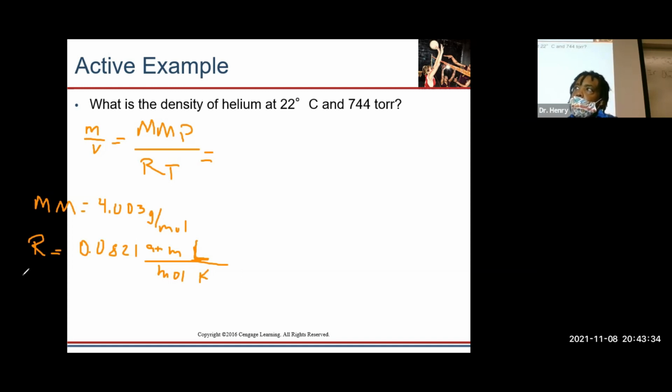And P, right now it's in torr, so we have to change it to atm.